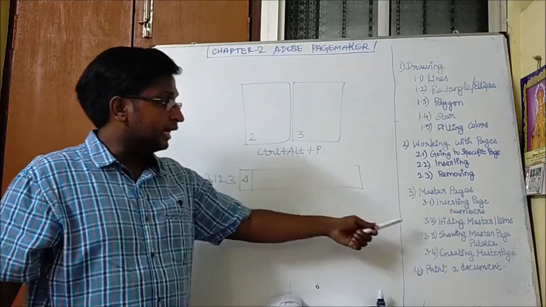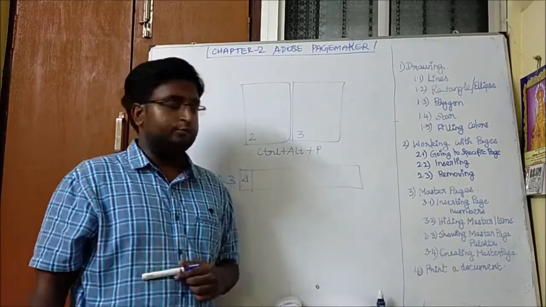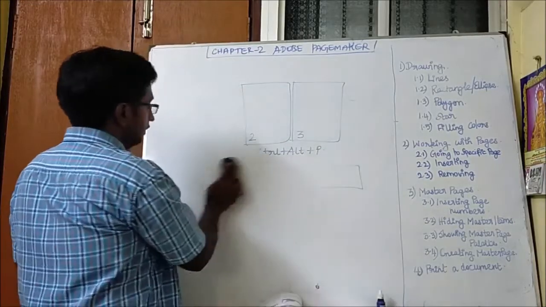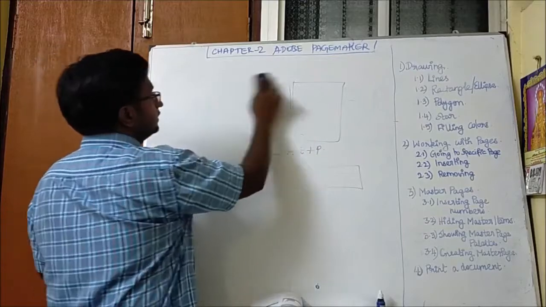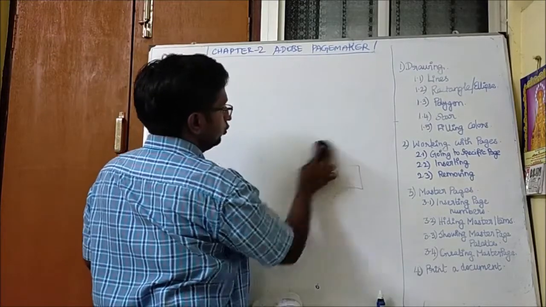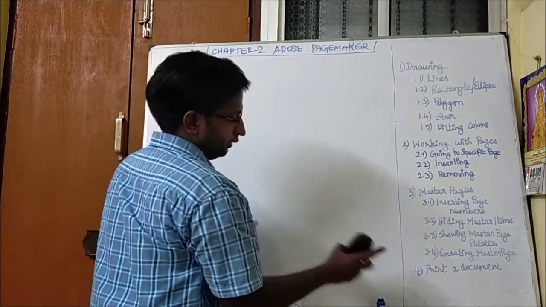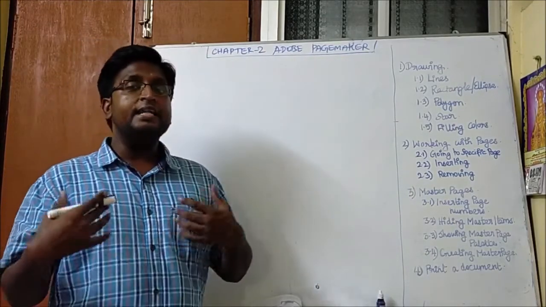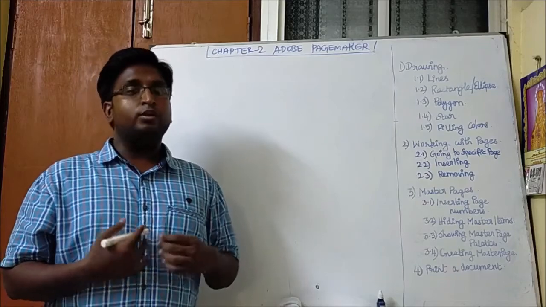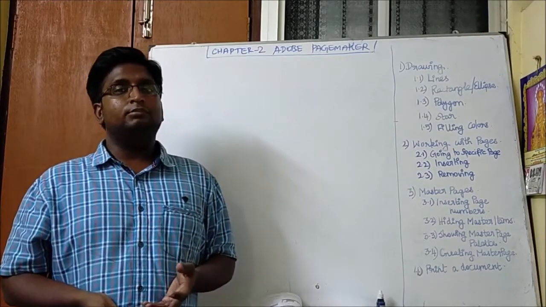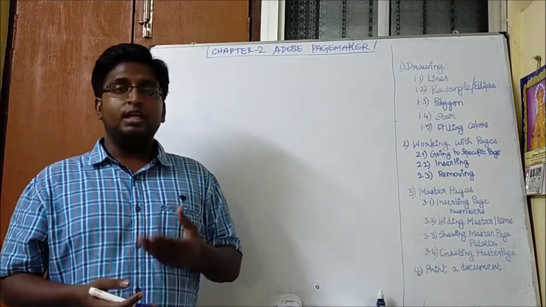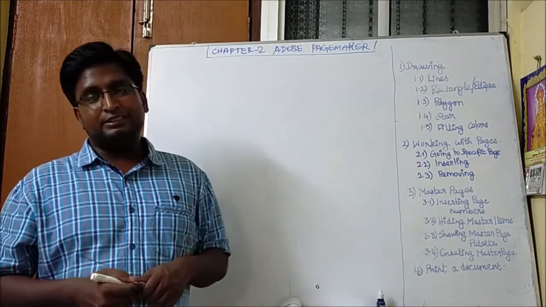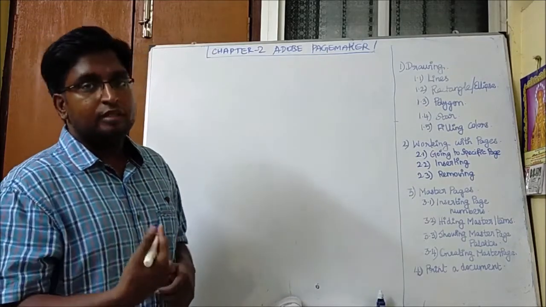So the next one is hiding the master items. Say for example, I have 4 pages. In the 4th page, I don't want the master items to be displayed and the formats not to be followed. So I don't want to delete the master items in the fourth page, I can hide the master items in the specific pages.